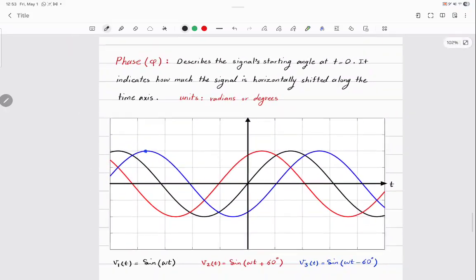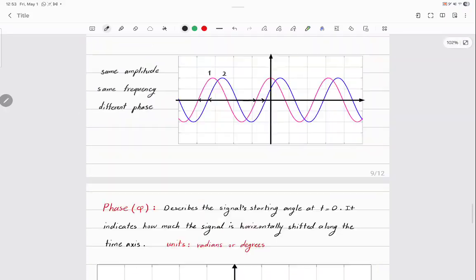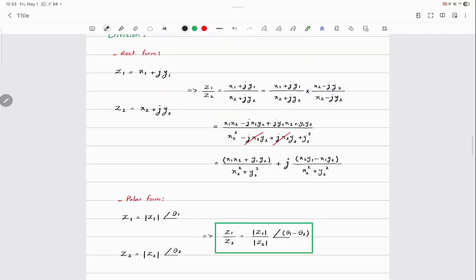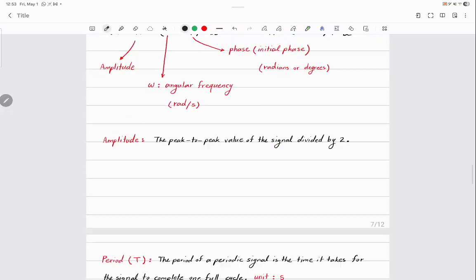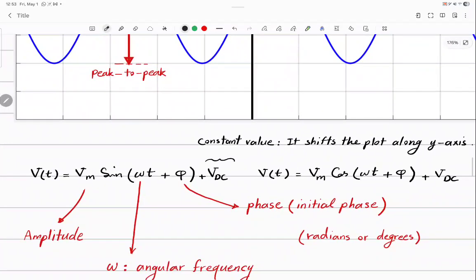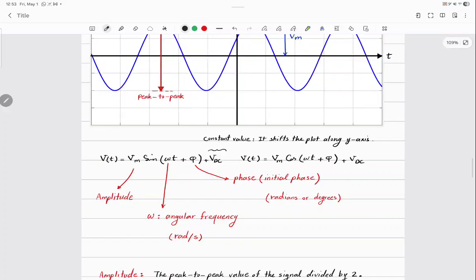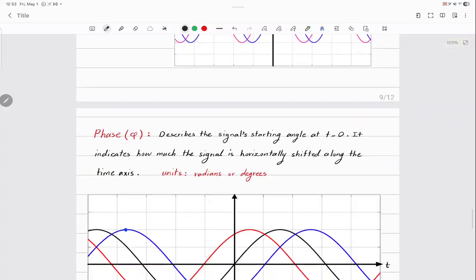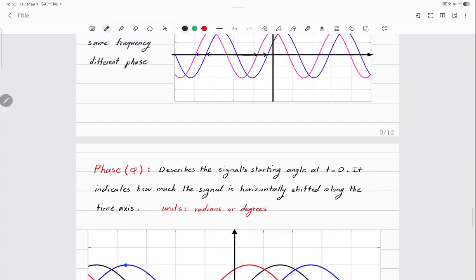So what is the definition of phase? If you look at where you first saw phase, it was in this expression. Okay? So let me actually write something here, something that you've seen before.